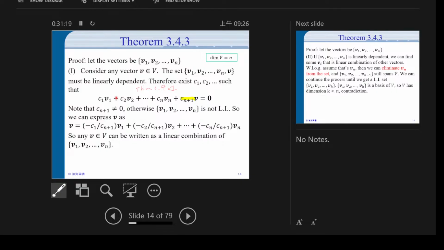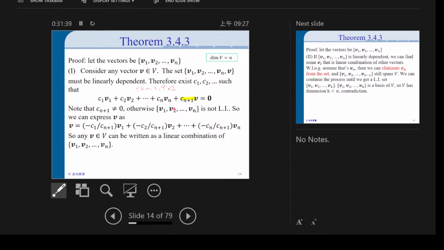And since they are linearly dependent, we can write down the linear dependence equation and find a non-trivial solution: c1 v1 all the way to c_{n+1} v equals the zero vector, with a non-trivial solution.